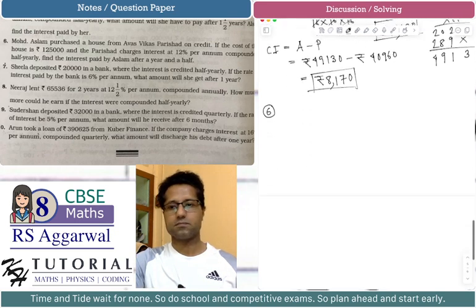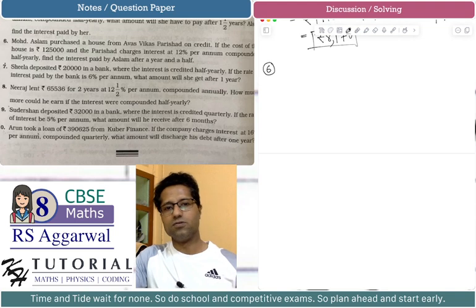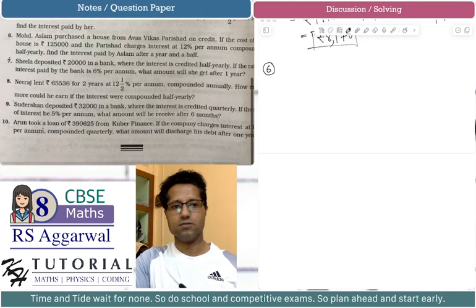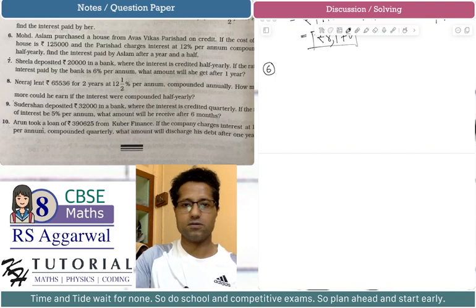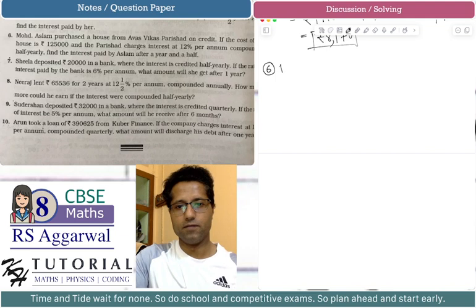Okay. Question number 6. Muhammad Aslam purchased a house from Abbas Vikas Parishad on credit. If the cost of the house is rupees 1,25,000, the principal definitely will be equal to 1,25,000.